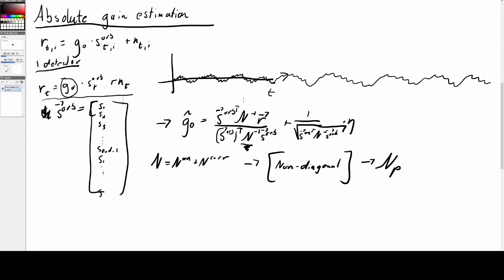But in Planck, and probably other instruments, what we have done is to assume that there are no correlations between PIDs in terms of noise. So even though we have a correlated noise matrix, it's not correlated across PIDs.